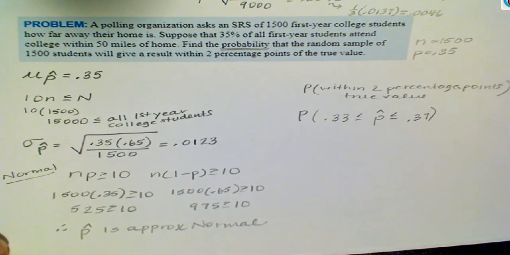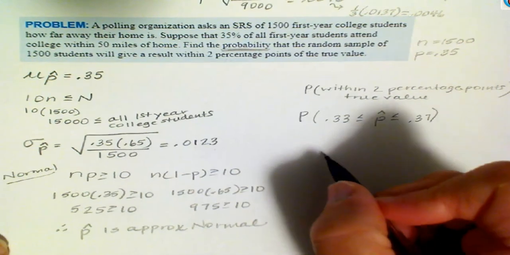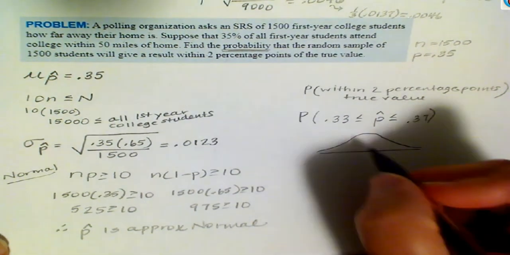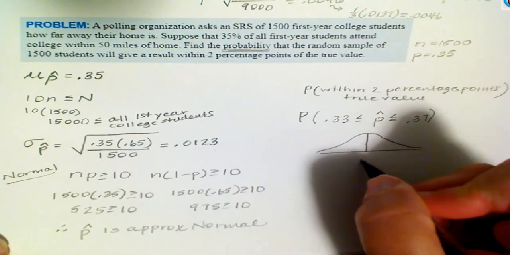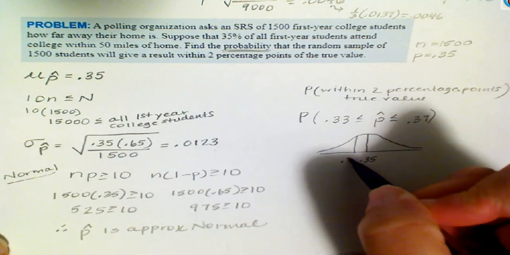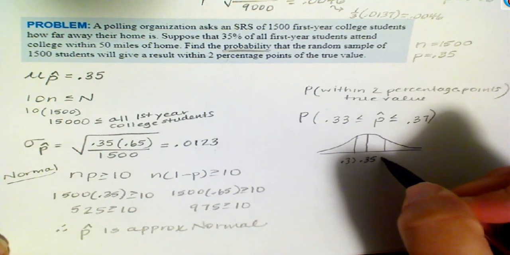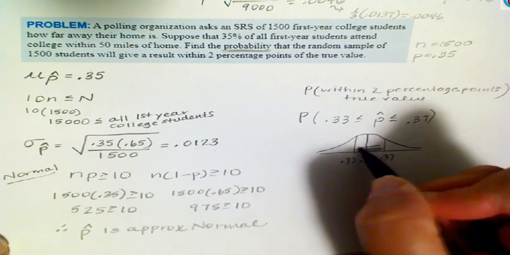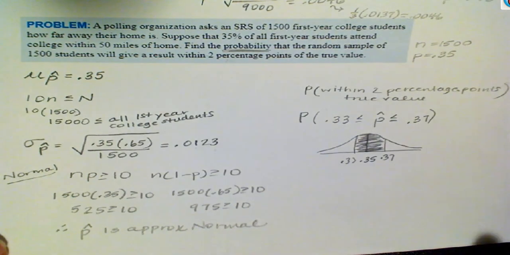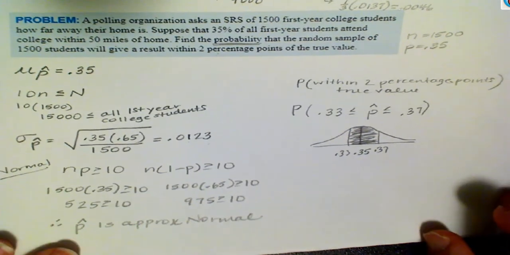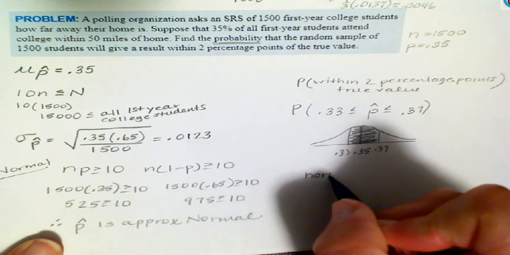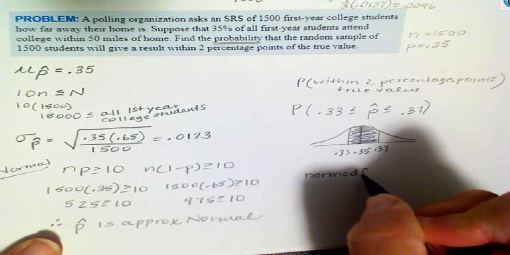What we would normally do is draw out our normal distribution. In the middle we have our mean, which is 0.35, and we're trying to figure out 0.33 to 0.37, so I'm going to shade that. Every teacher does this a little differently, but I just use technology. So I'm going to write out normalcdf to find that probability.